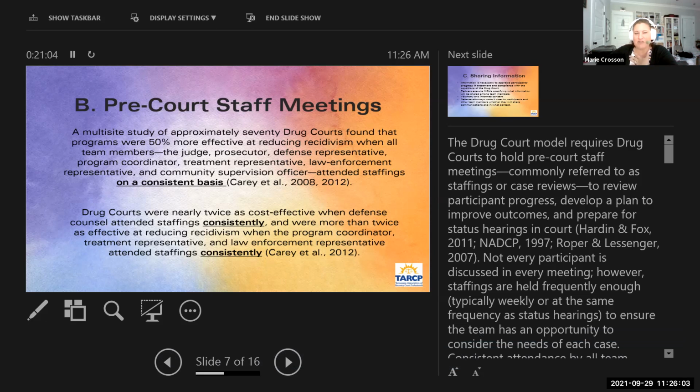When you start digging down, you find out that these people are on the team in name only, or when it's convenient. They're not actually on the team in terms of the consistency of being together and discussing and reviewing these cases. And so I think it's important to understand that this study is about them actually being there, not just in name only or when it's convenient.